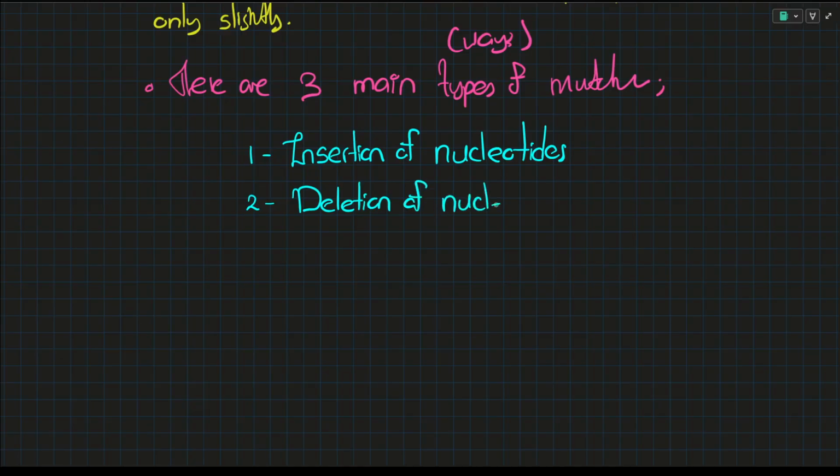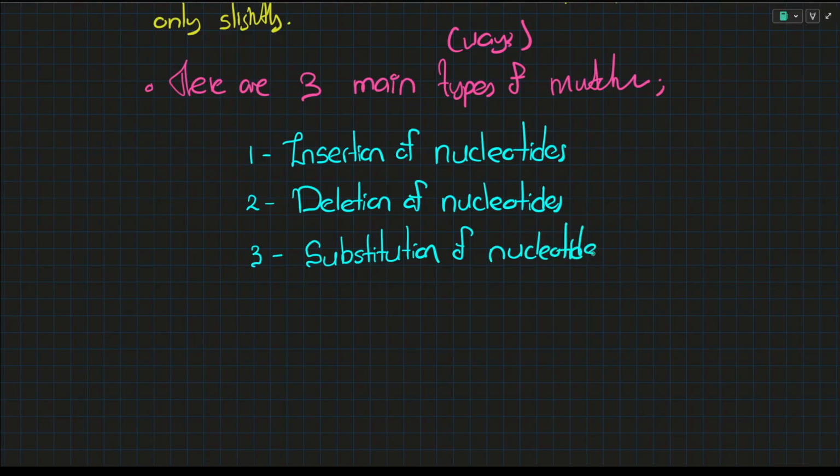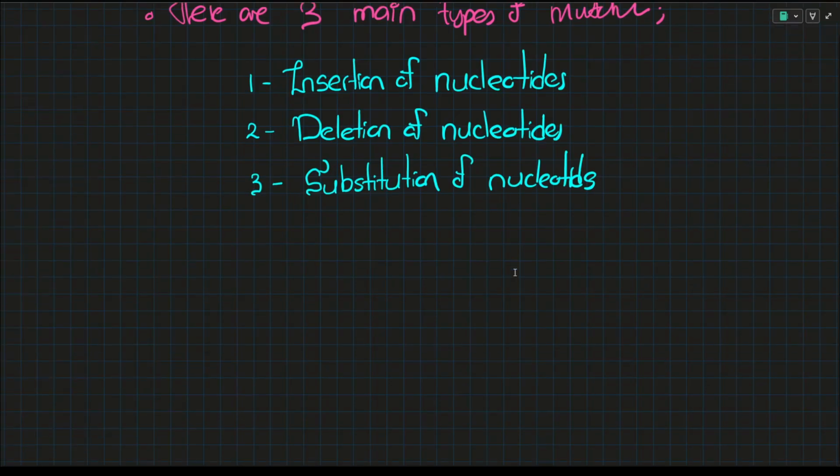So, deletion of nucleotides. And then the third kind is going to be the substitution of nucleotides. Three main ways, three types you can call it. So let's start with the insertion and see what's actually going on.